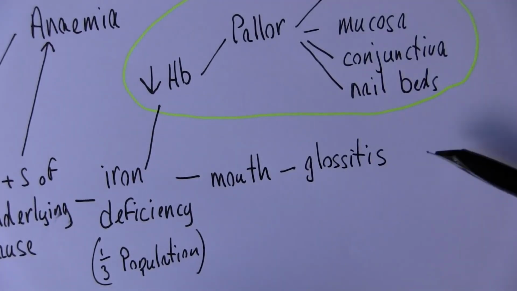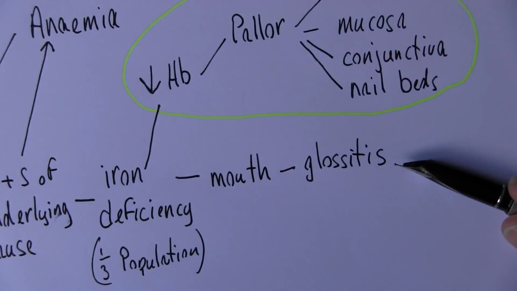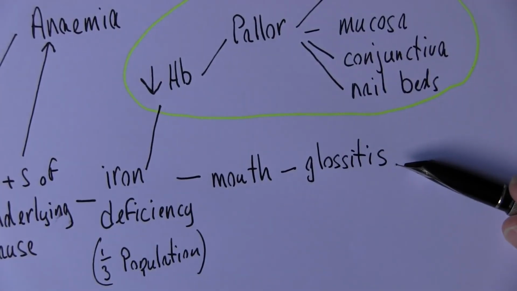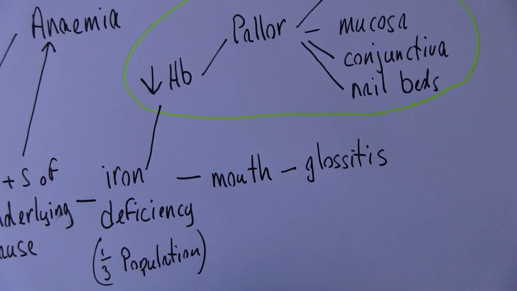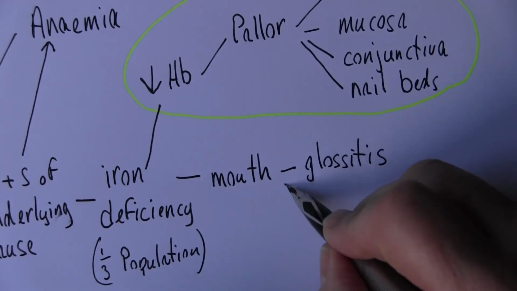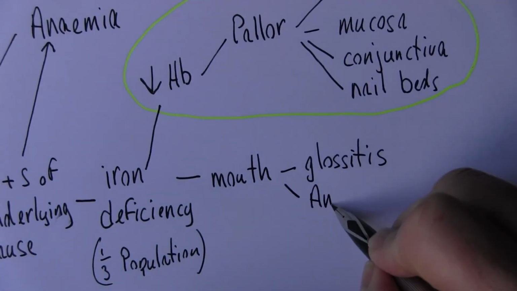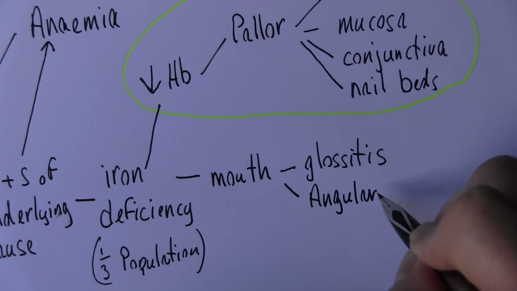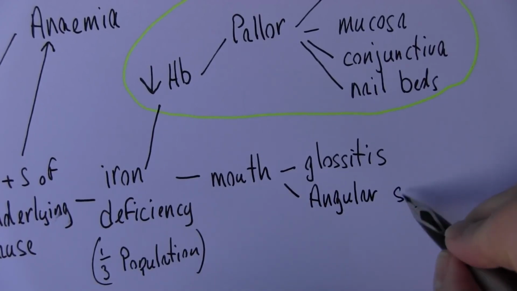Now, glossitis is inflammation of the tongue. The tongue can look inflamed and it feels sore. The patient complains of a sore tongue. And another feature relating to the mouth is angular stomatitis.